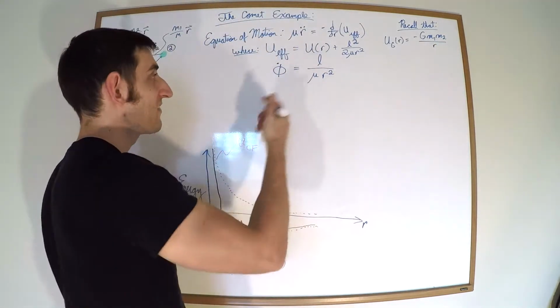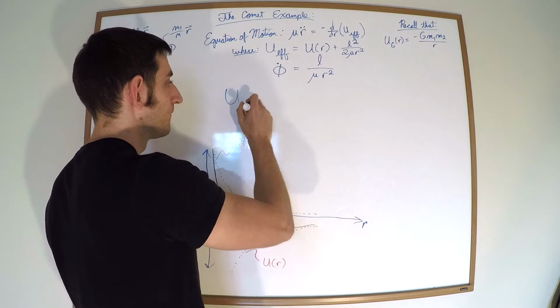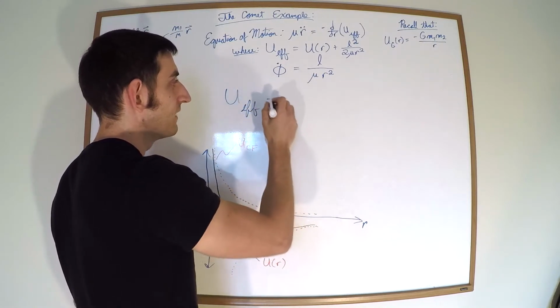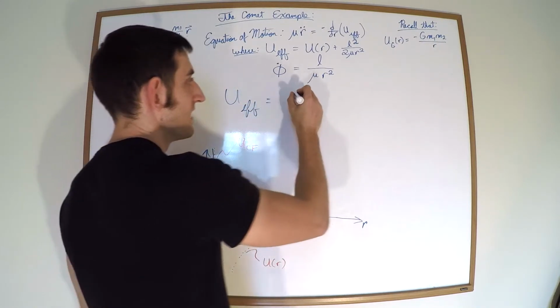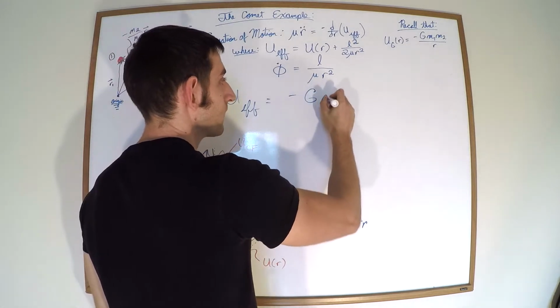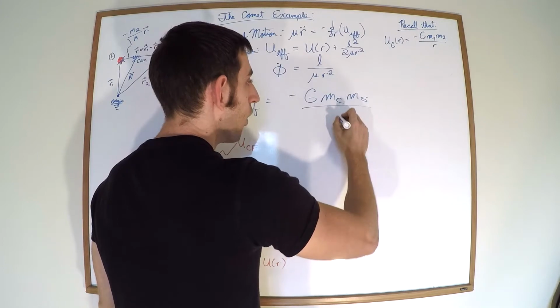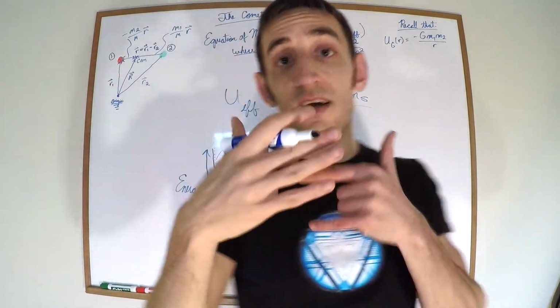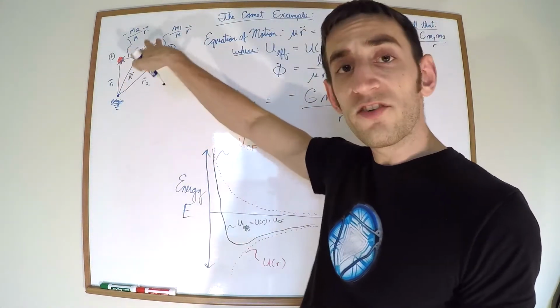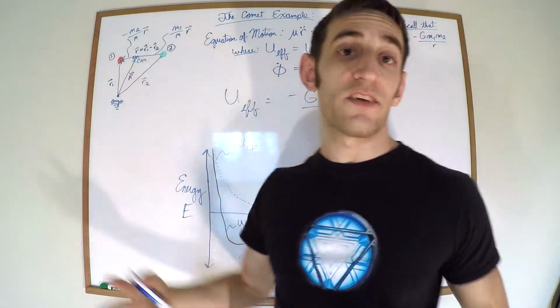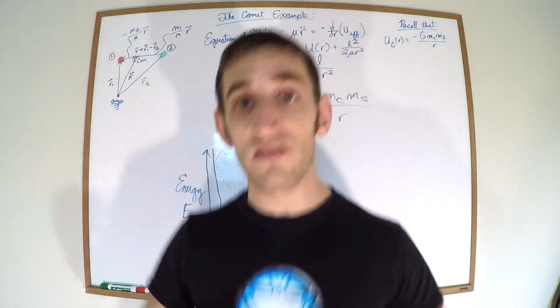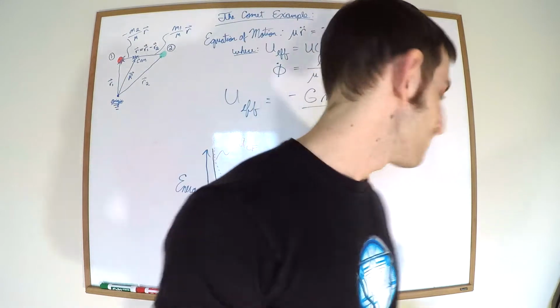So when we examine the comet problem, the potential energy is negative G times the mass of the comet times the mass of the sun over the distance between the comet and the sun. So similar setup, just instead of planet Earth, now we have a comet that's coming in, okay?